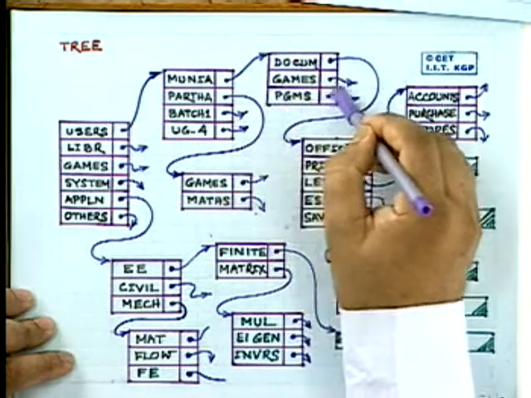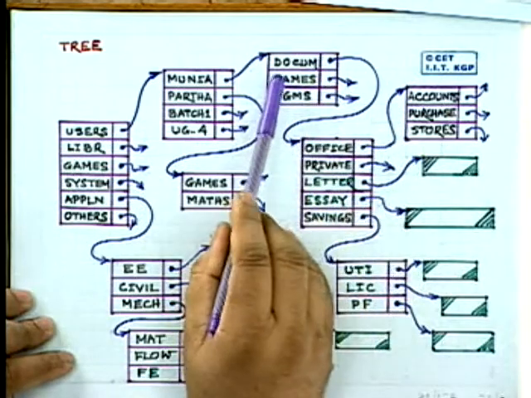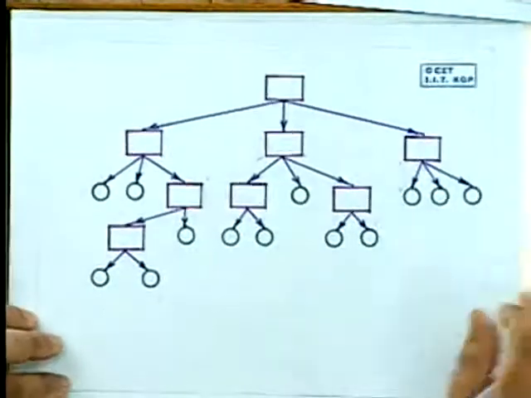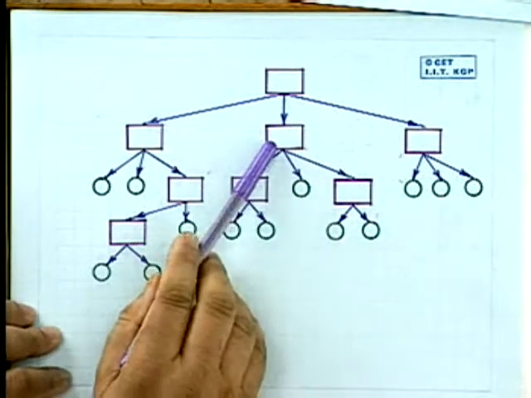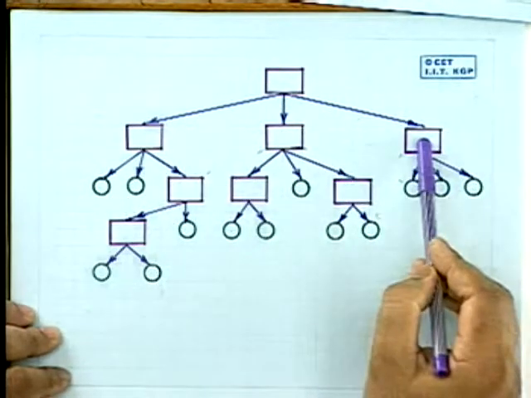Essentially, this is the root of a subtree, positioned at this point. Let's come to here: all these subdirectories, the intermediate nodes, are essentially the roots of subtrees. For example, this is the root of this subtree, and this is the root of this subtree.